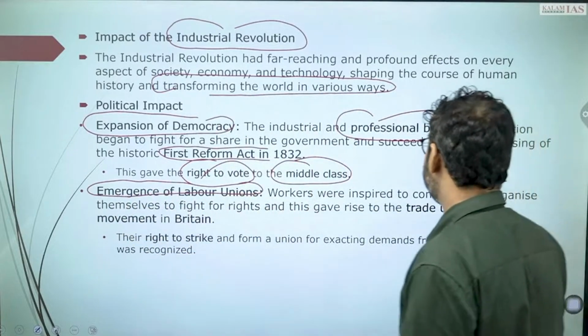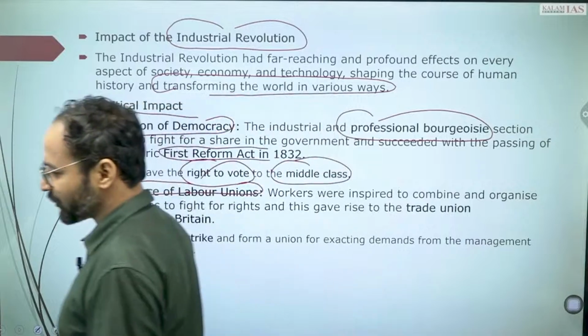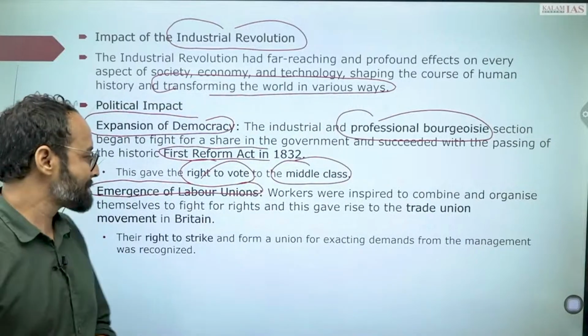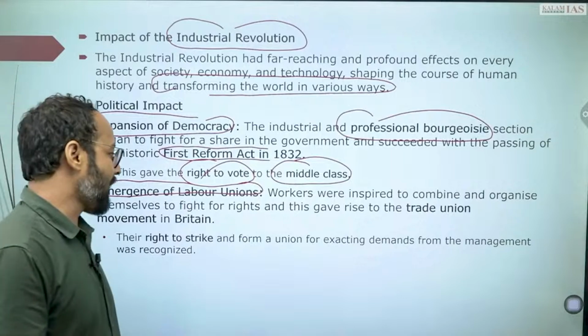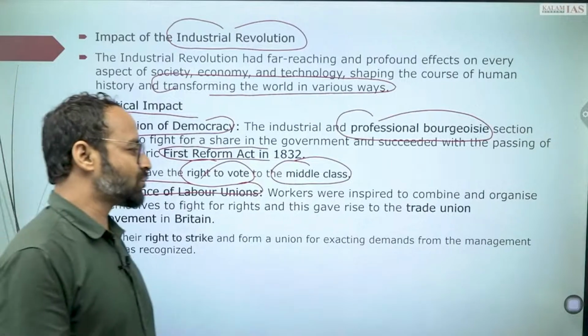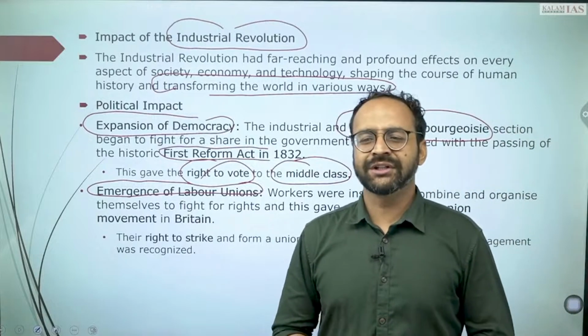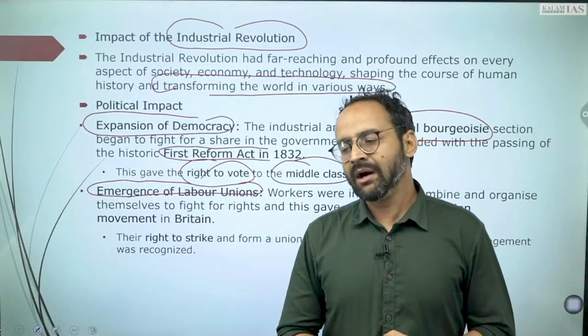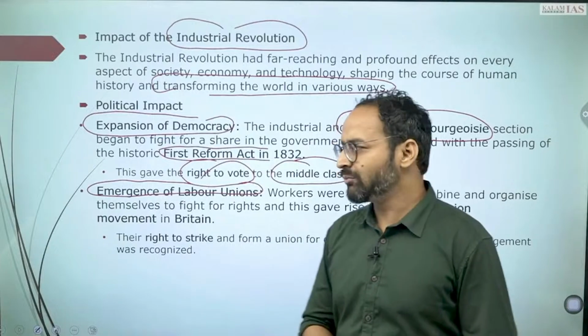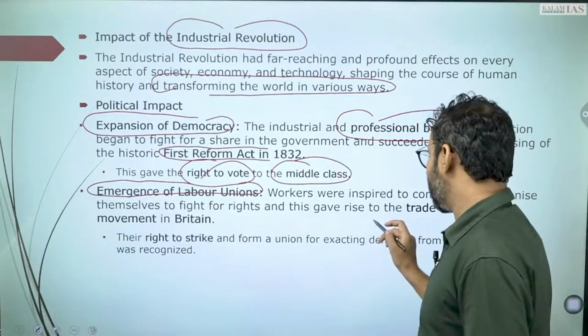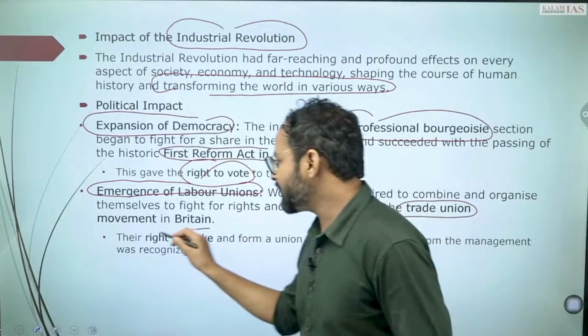Workers were inspired to combine and organize themselves for their rights, and this gave rise to trade unions. Because there was a kind of congregation, a sense of groupism, it led to more bargaining power for these people, starting from the trade unions in Britain.